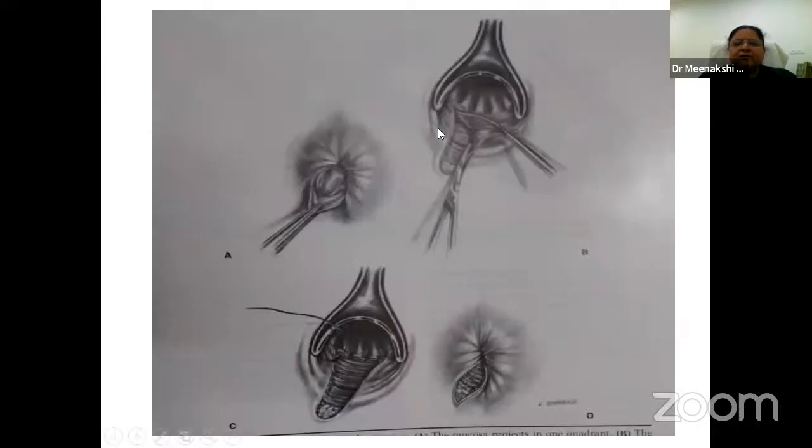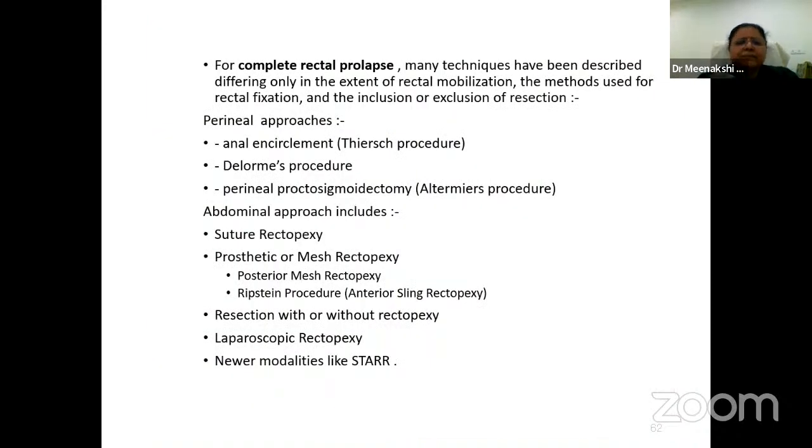So whenever there is this incomplete prolapse, we can do this excision and we can do this suturing. The excessive prolapsed mucosa can be excised either by use of staplers, or nowadays so many advances are coming for these procedures. And for complete rectal prolapse, many techniques have been described.